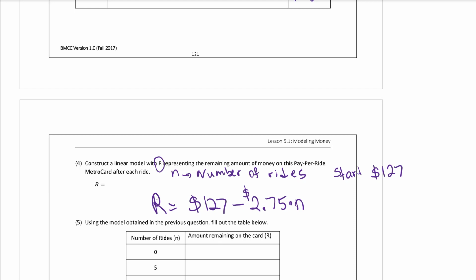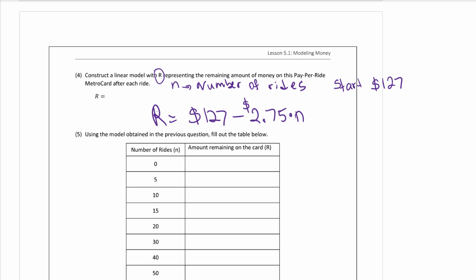If it's 10 rides, the balance will go down $27.50, right? So in other words, you first multiply by how many rides you take, and then you take it away from the balance. Our assumption is that we start with 127 because we just want to see how the balance is going to go each ride.